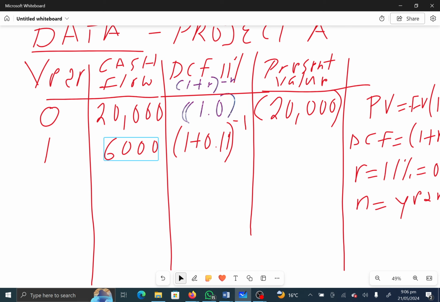So 6,000 multiplied by (1.11) to the power negative 1. What are we getting?